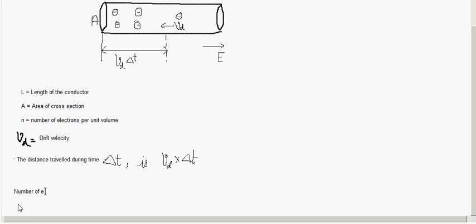Number of electrons in this portion is equal to, we know n is the number of electrons per unit volume, so it will be n multiplied by volume.